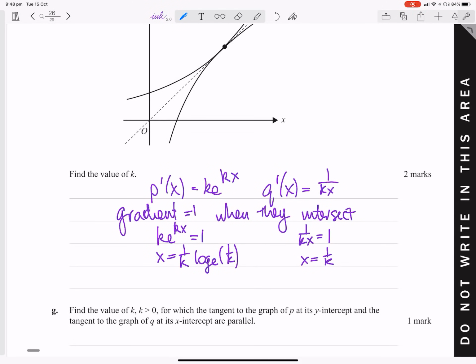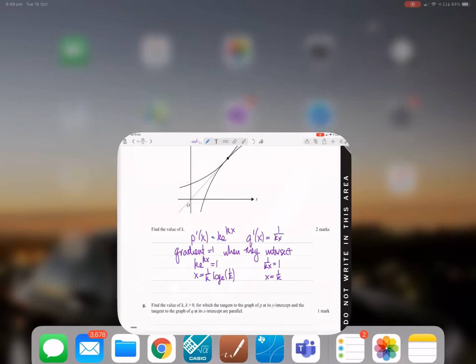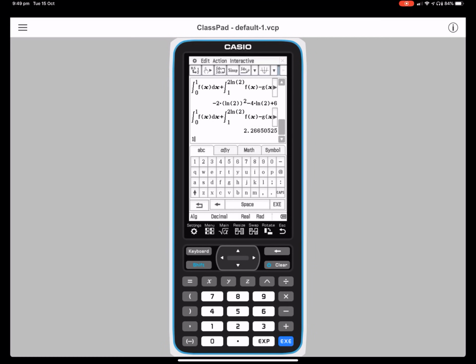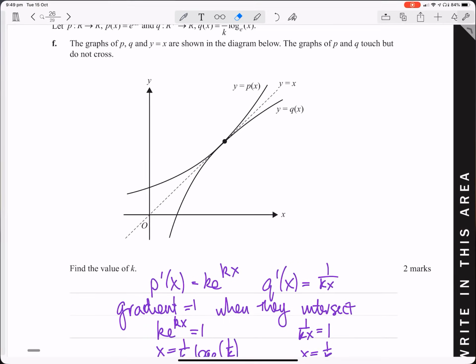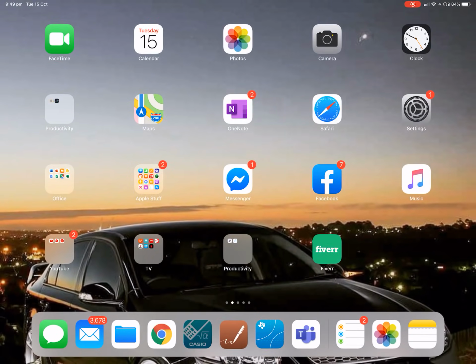So if we let them be equal, 1 on k natural log times natural log of k equals, what was the other one? 1 on k.